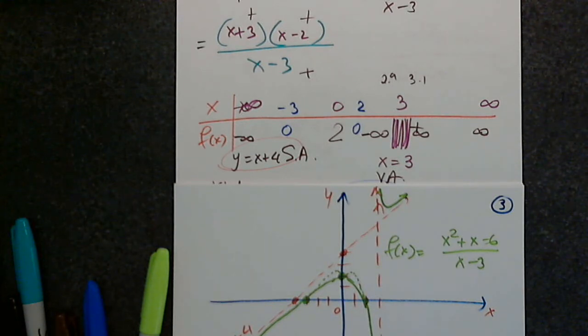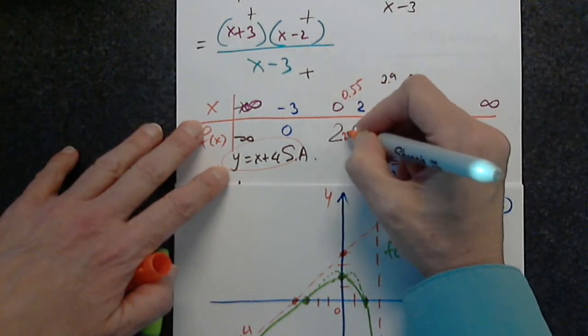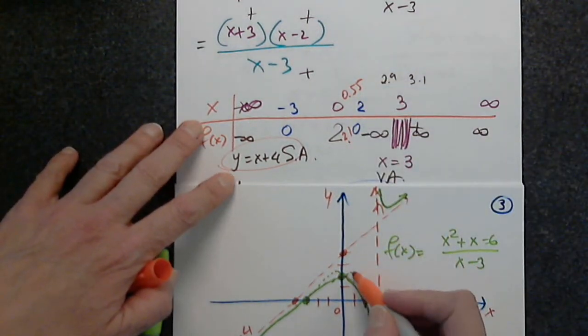Right bound, I'm going to say this was 1. It was 2. Right bound 2. And just give me the maximum. And as you see, the maximum is to the right-hand side of the y-axis. It's at 0.55, 2.1.